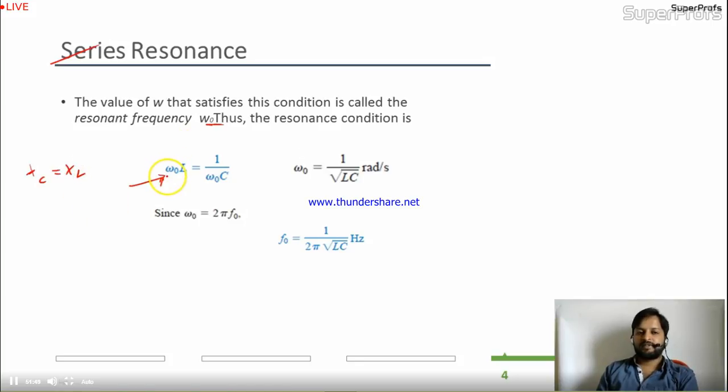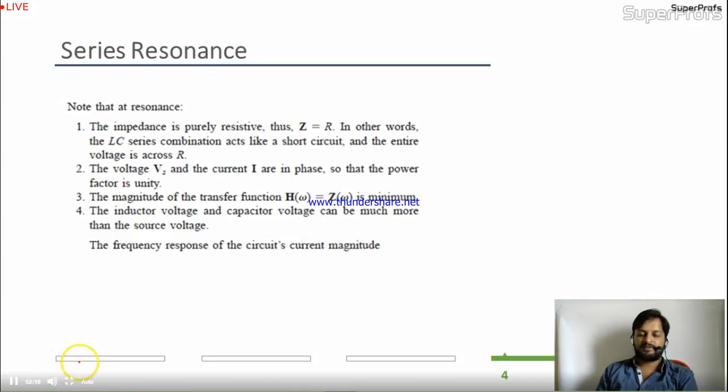That frequency I'll call the resonance frequency. This is the angular frequency omega naught, and simply at the output you will get the resonance frequency in radian per second. It will be 1 divided by under root LC, and if you replace omega by 2 pi f, you will get the resonance frequency in Hertz. Is it clear to you?